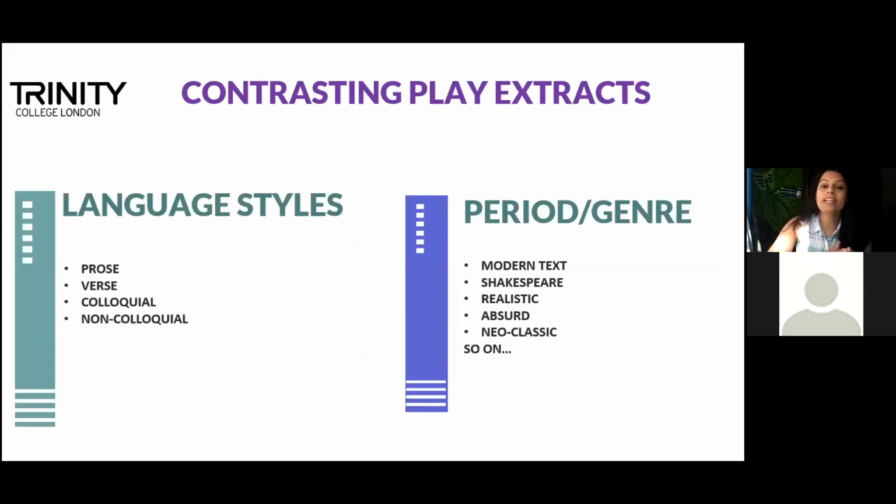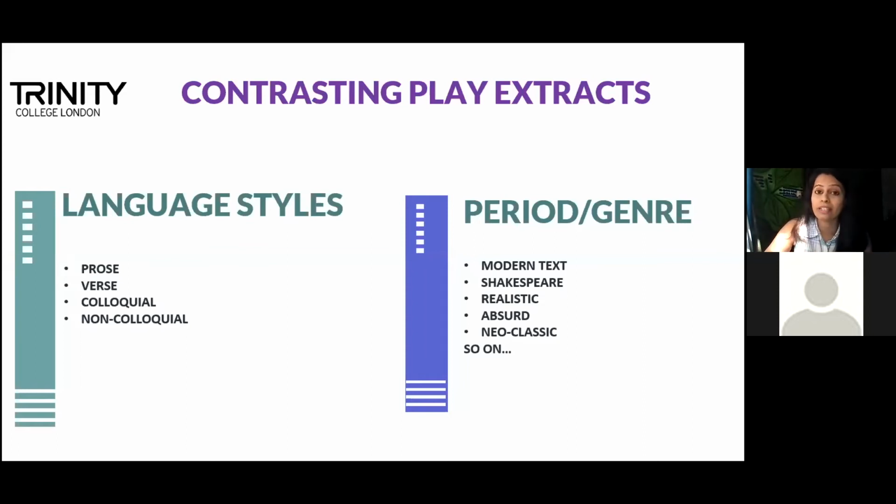Now, while you are going through acting syllabus, right from grade 4 onwards, you will see these names, contrasting play extracts and things like that. So, which means it has to be different in language styles. A prose is mostly to do with a fluent English piece where there is no poetic gesture or things like that.